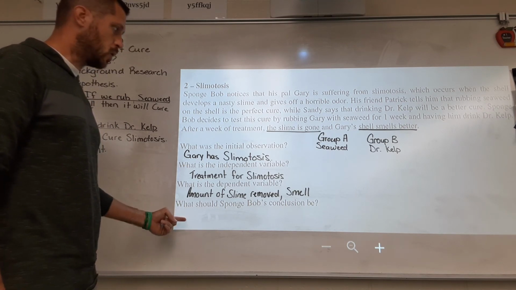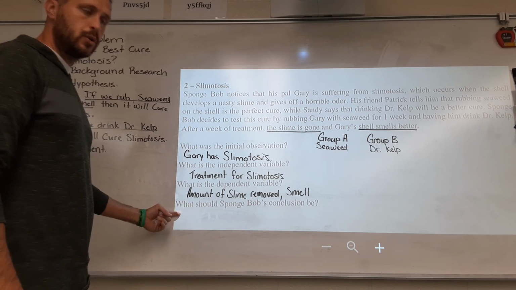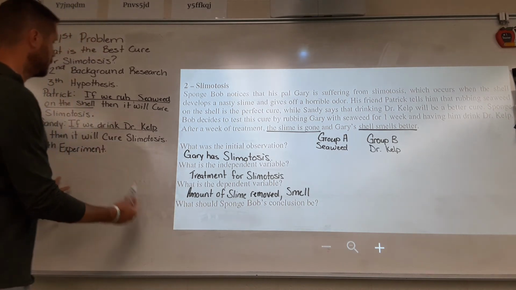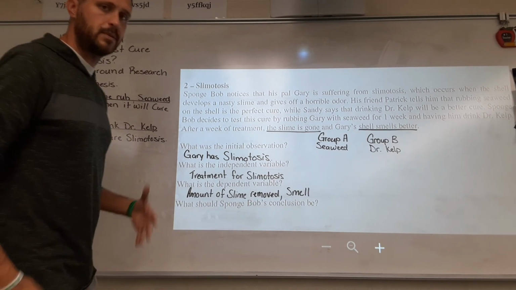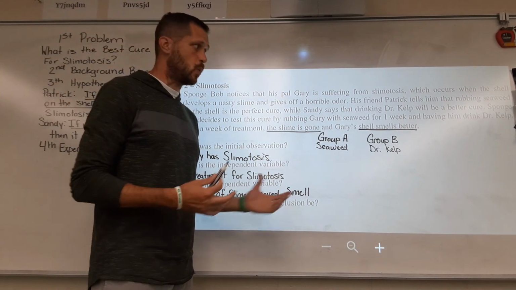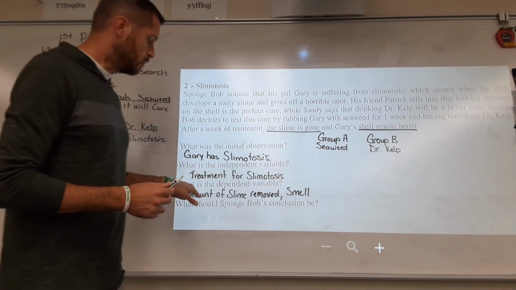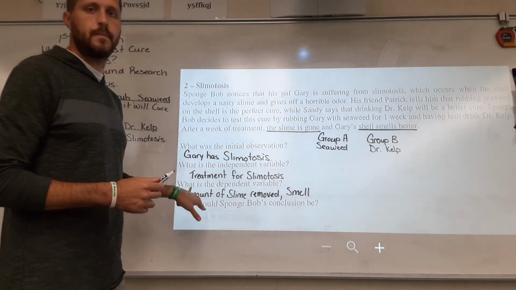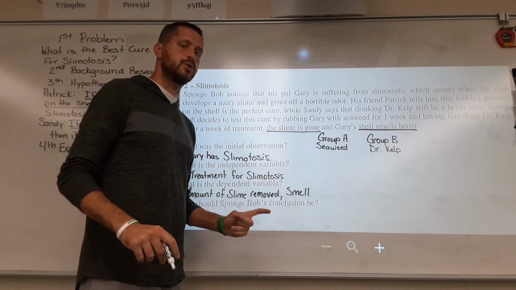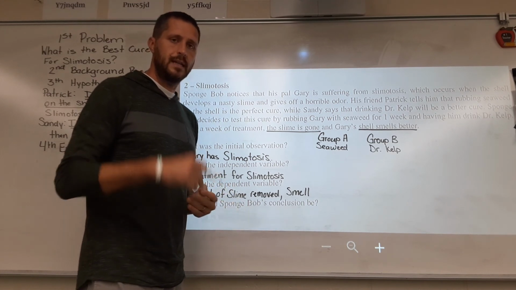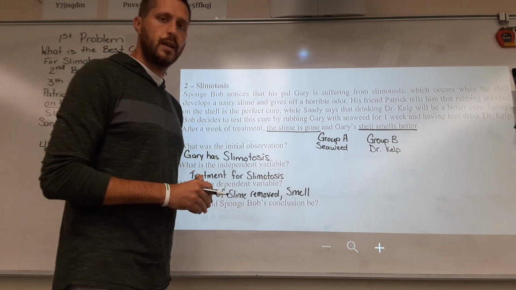So analyze results, draw a conclusion. Who's right? Patrick or Sandy? Okay. And then step 7 would be share our results, which is what we're kind of doing right now. But I'm telling you, there's a problem with SpongeBob's experiment. So if you can tell me the problem with SpongeBob's experiment and what his conclusion should be, if you email me today, I'll give you extra credit if you get it right.